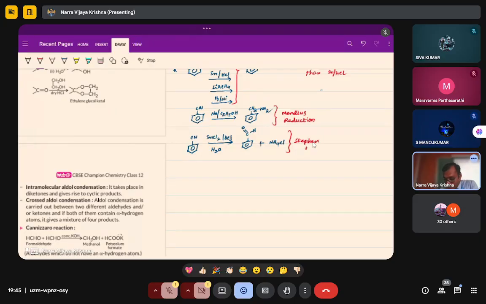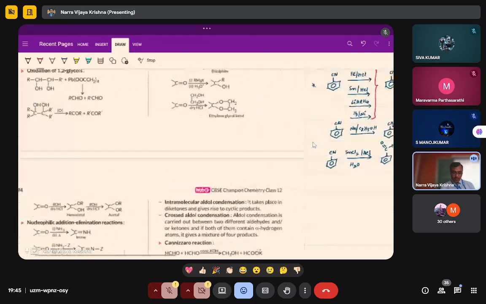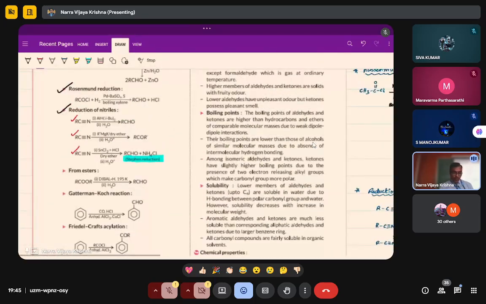In Mendius reduction, you will get amines. In Stephen reduction, you get aldehyde. Clear? Now come back. So all these three are done. Now I am coming to the next one.